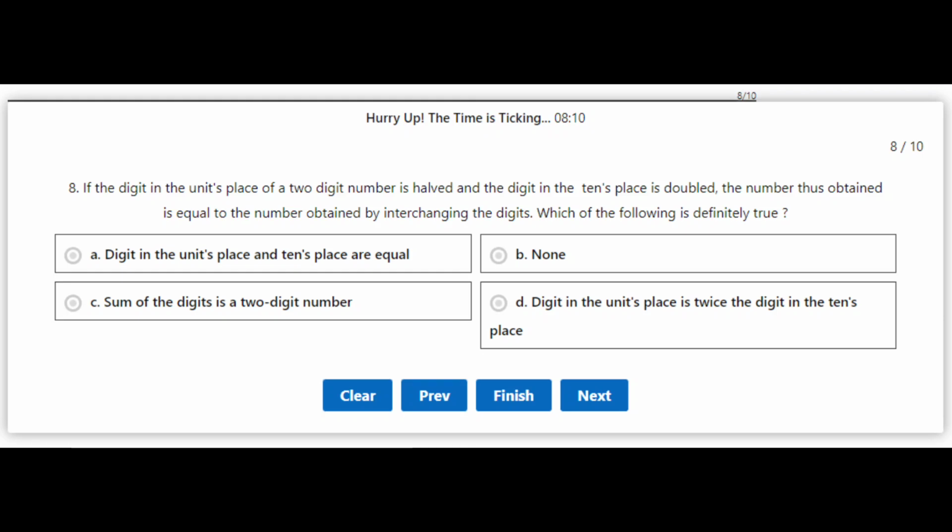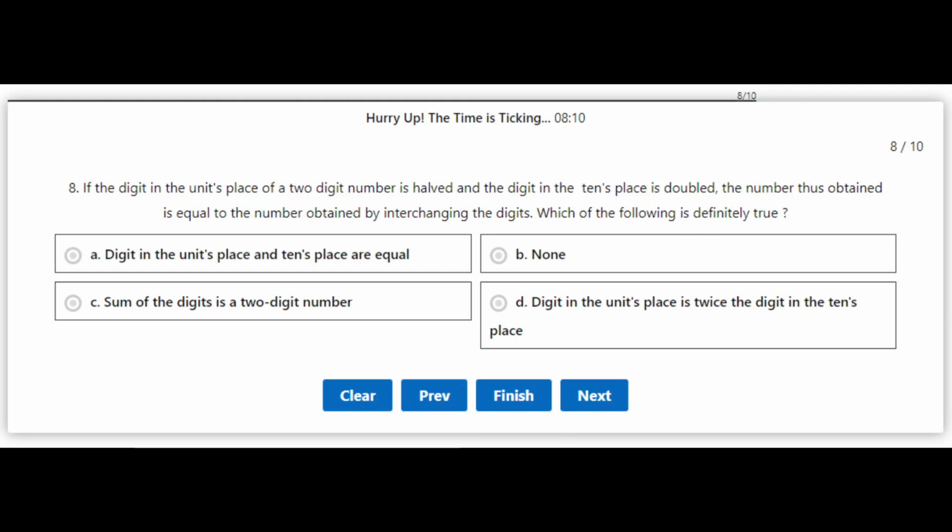That means the tens place digit goes to the units place and the units place digit goes to the tens place, and we get the same number after performing the first operations.